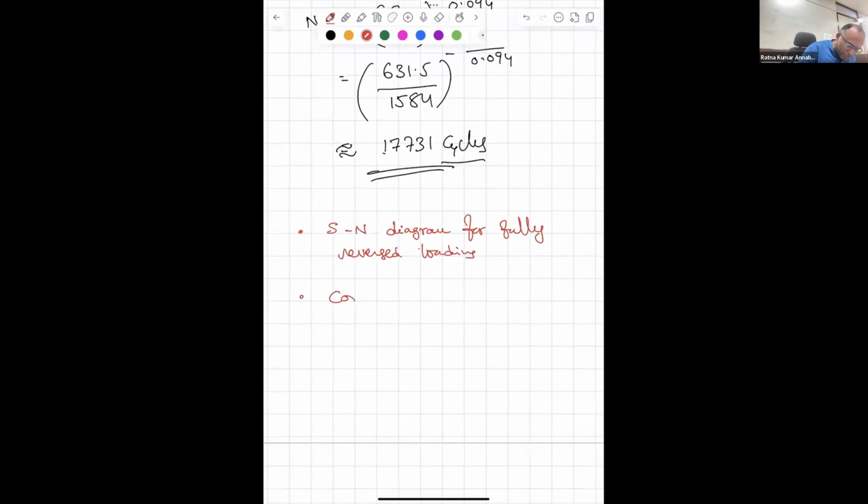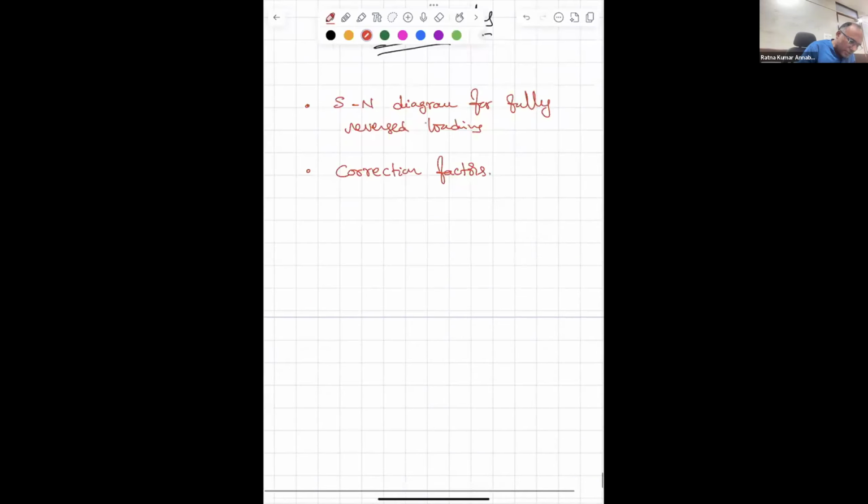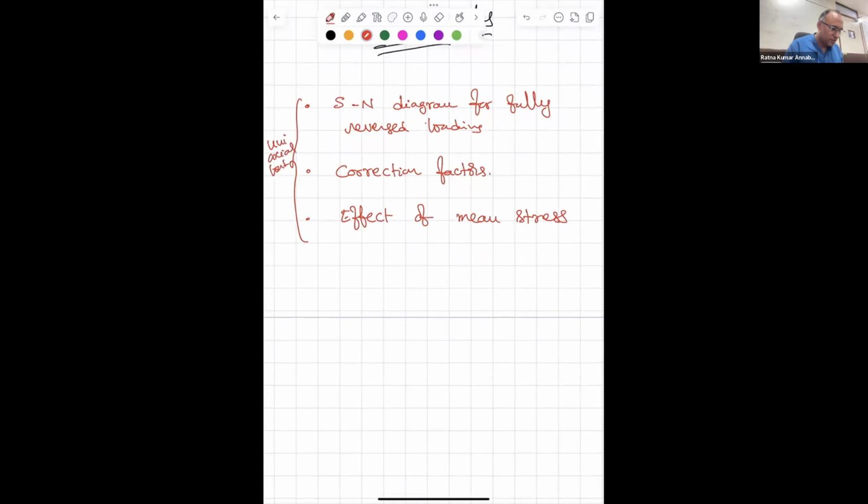Then we have introduced something called correction factors. And then we said, what is the effect of mean stress? All this done for uniaxial loading, right?